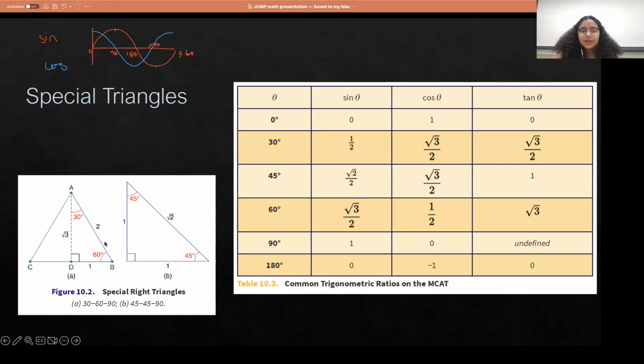And the largest measurement is across from the largest angle. So the largest angle in this triangle is 90. So if you're trying to match where each of these numbers goes, the largest number is 2, it's across from the 90. Smallest number is 1, it's across from 30, the smallest. And even though the 3 may look large, √3, as we saw before, is 1.7 something. So that's in between, 60's in between. So that's how you would match those.